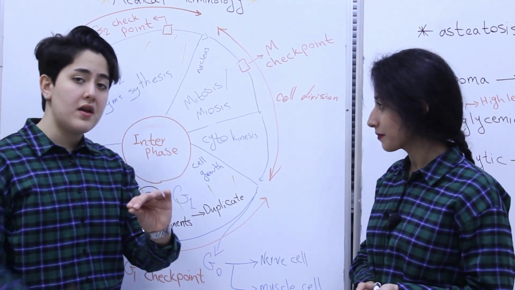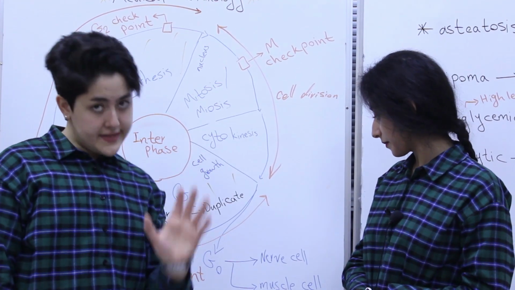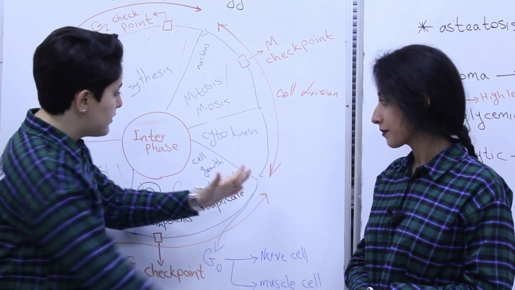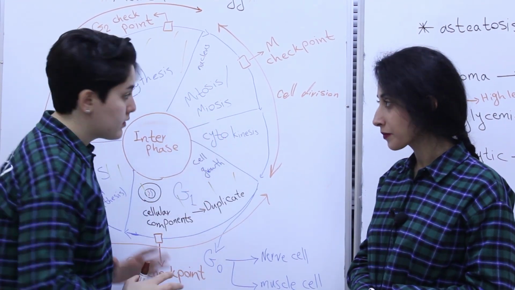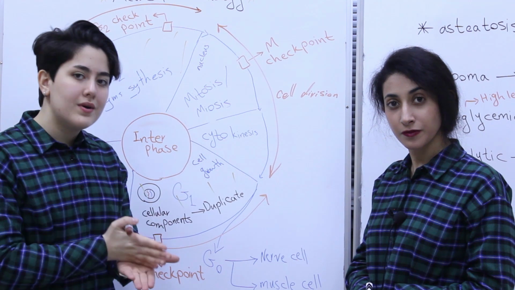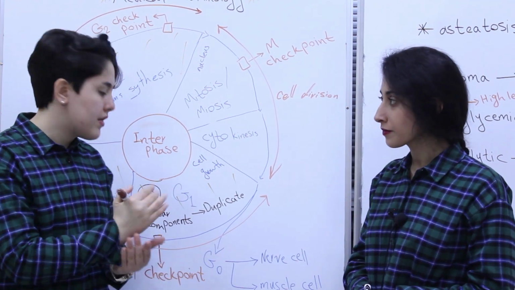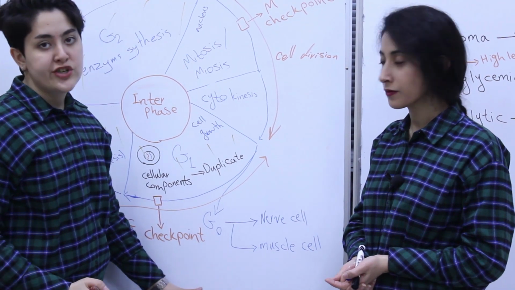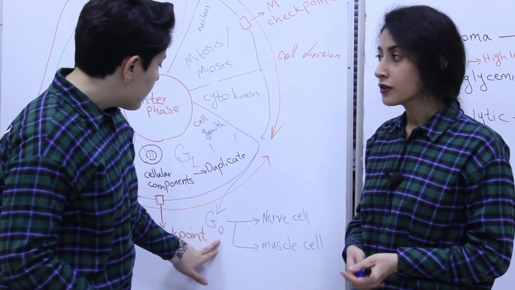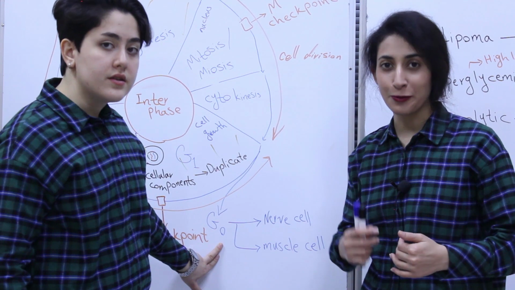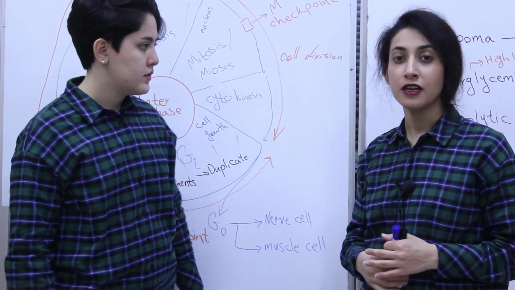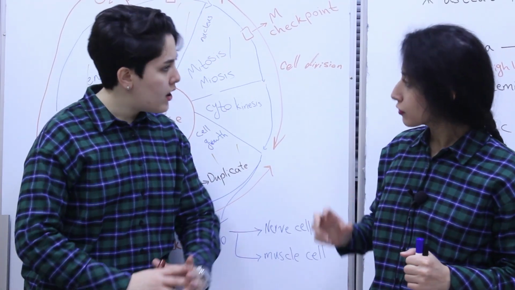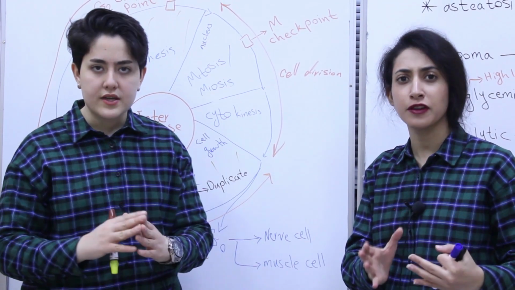But we also have another part. Some cells, after this cycle, will enter another phase, which we call G0. We have some cells in our body that are living normally, and they have growth and metabolism. They are in the G1 phase.